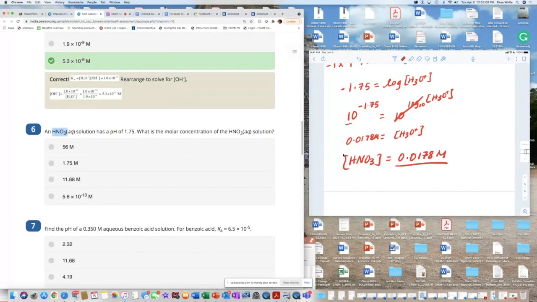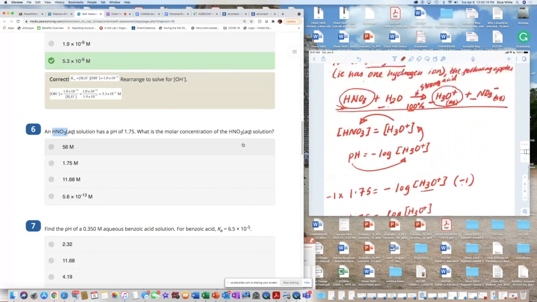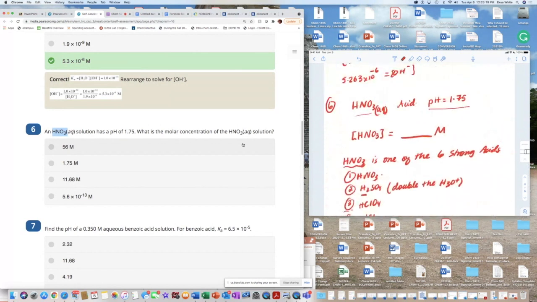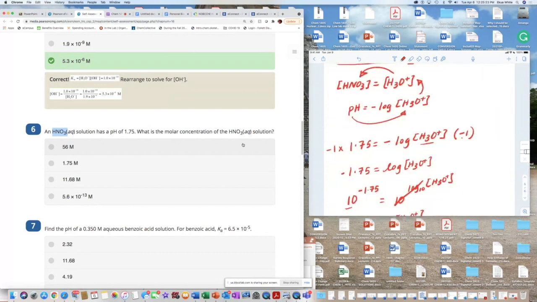Okay, now I'm looking at this. This is a pH. Let me make sure I did this correctly. 1.75, 10 to the power negative 1.75. I don't know why none of the numbers I have matches this.